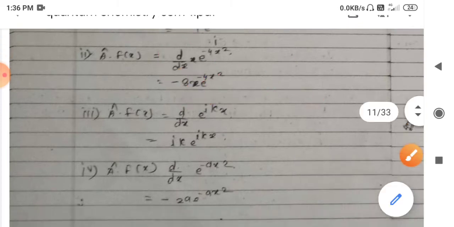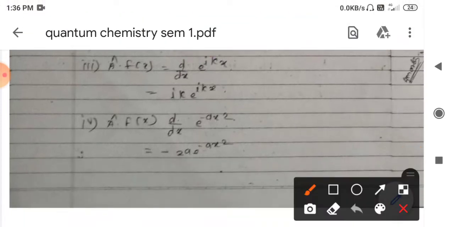Now consider the third example. The exponential function is e raised to i kx, plus, not minus. Its differential is again e raised to i kx into the differential of i kx, which is i into k.